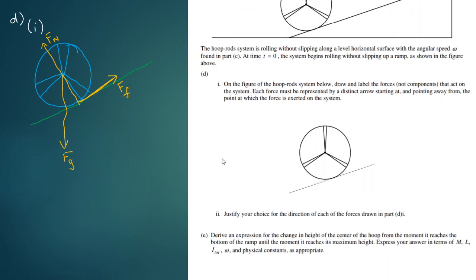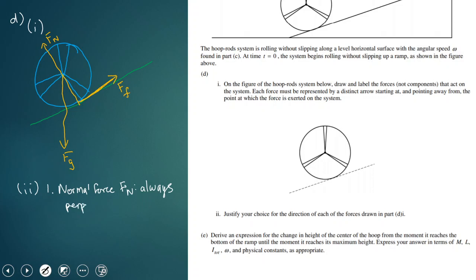So part 2 is essentially that question that I just posed. I didn't realize that, but it says justify your answer in terms of your directions. So number 1, normal force, Fn, always perpendicular to the surface and pointing away.